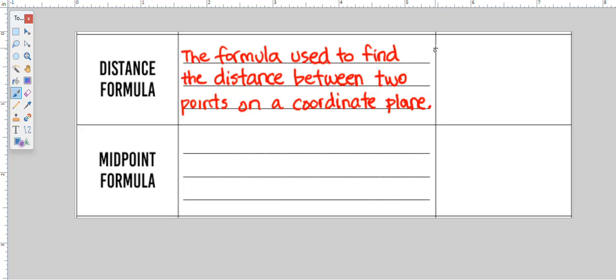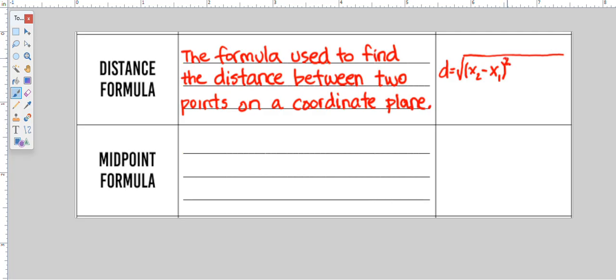So our formula is the distance is equal to the square root of, and you'll notice this is a big radical we're making here, in parentheses, x2 minus x1. So we have two different x coordinates because we're talking about the distance between 2 points, right?